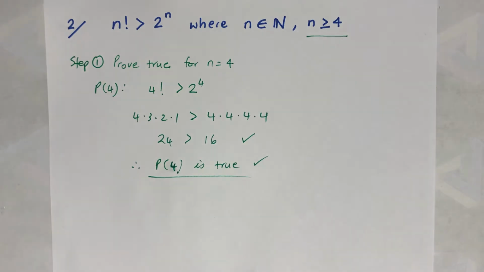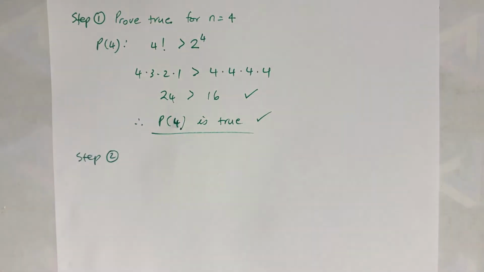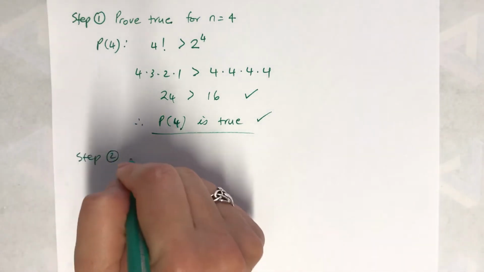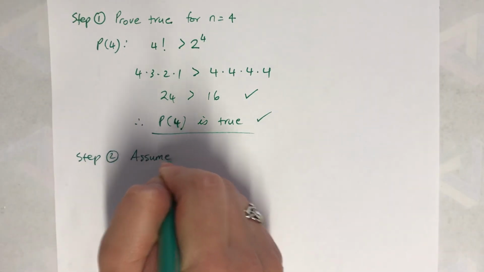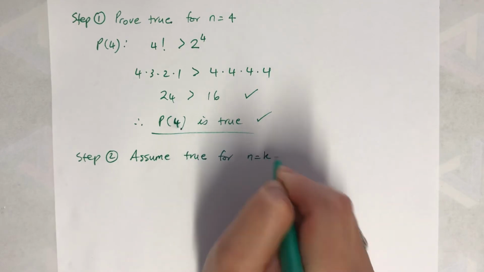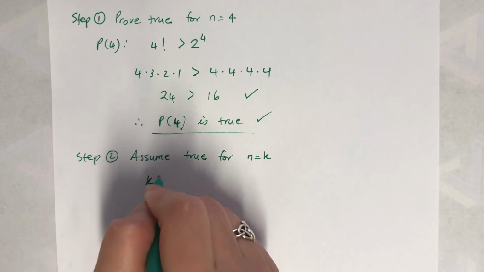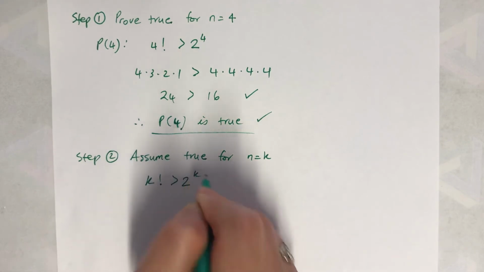Okay, and then step 2 here, assume true for n equals k, and I'll just replace n with k. That's all.